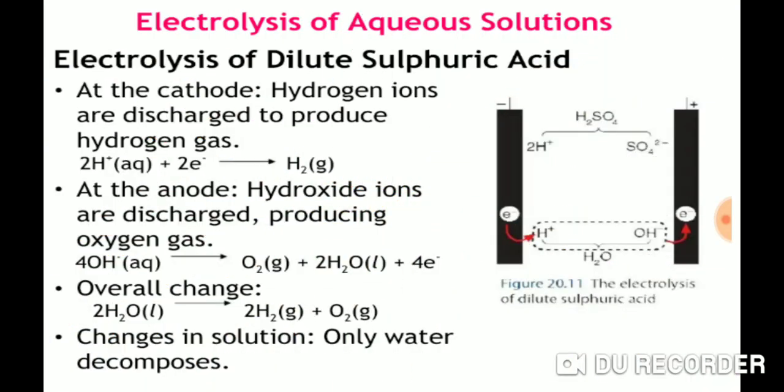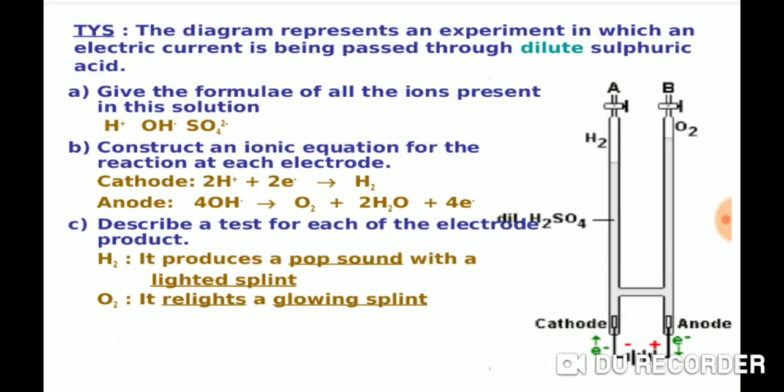Now let us move to the next part. We have done the electrolysis of aqueous sulfuric acid. Now you can see here the diagram represents an experiment in which an electric current is being passed through dilute sulfuric acid. Here we have the cathode and anode. The cathode is the negative plate and the anode is the positive plate. In this U-shaped tube we have added dilute sulfuric acid, meaning sulfuric acid plus water.